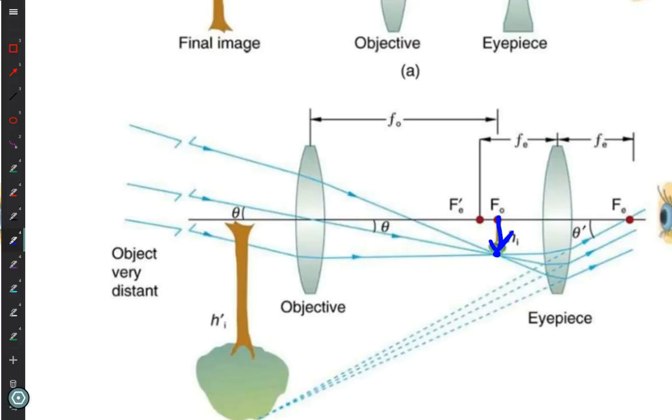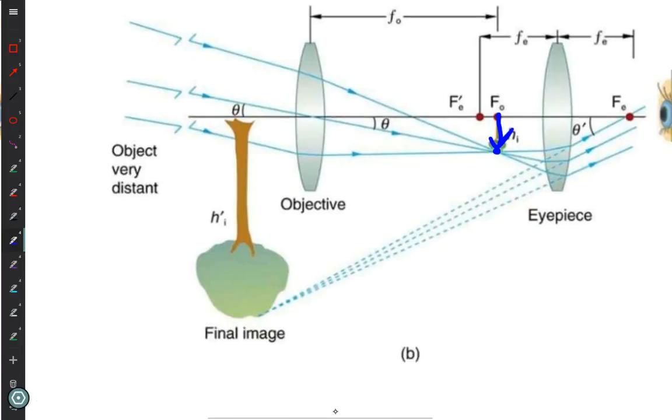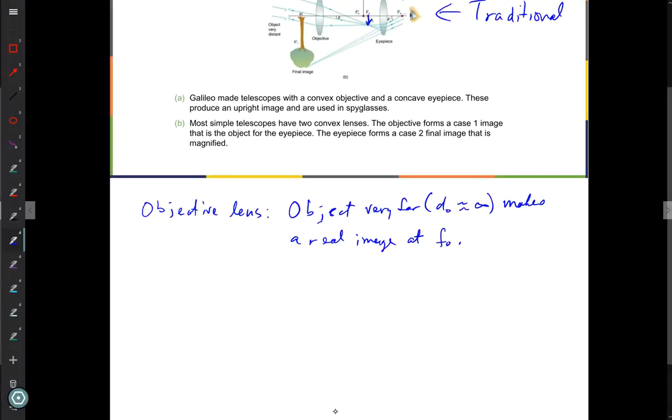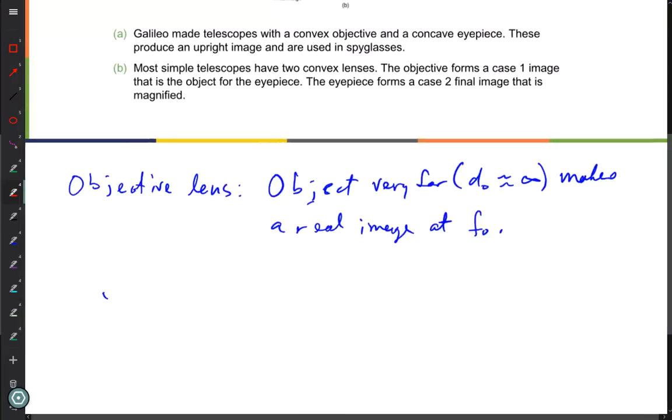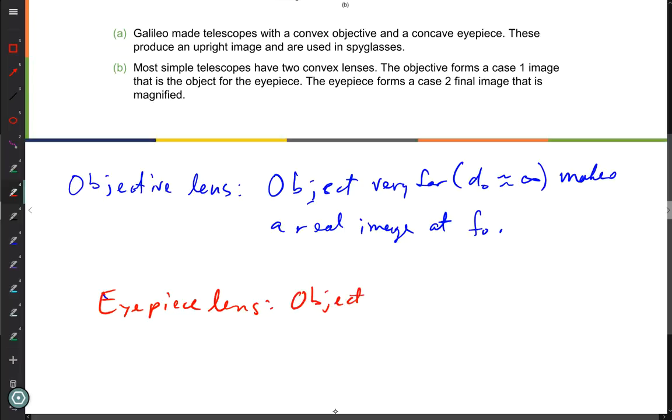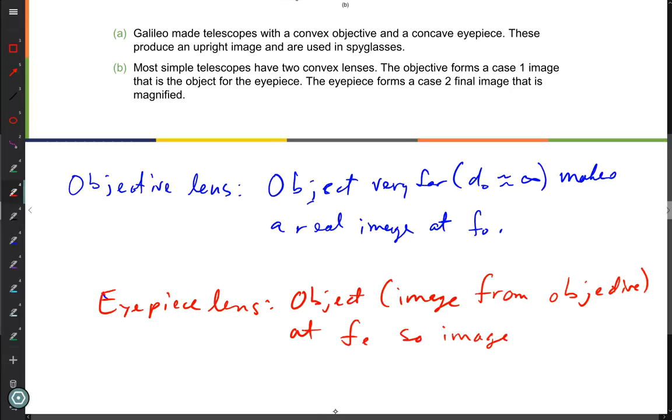So for a traditional telescope with a relaxed eye, you're going to have a real image at the focal length of the objective, and then the eyepiece has its object, remember its object is the image from the objective, at the focal length of the eyepiece. So image at minus infinity.